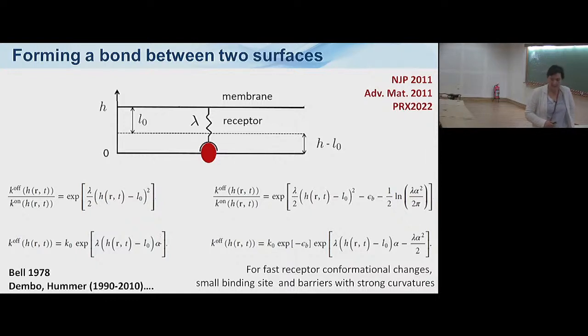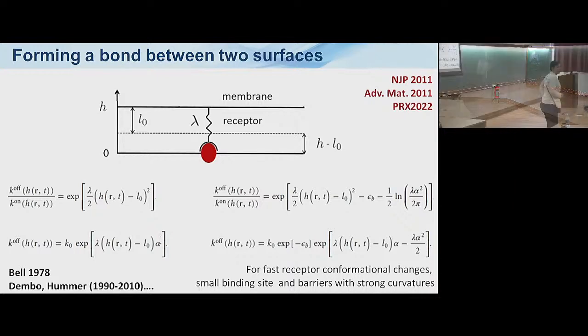I will tell you that these rates have actually never been calculated. They're all phenomenological. And they say the following. I assume a detailed balance condition. This detailed balance condition tells me that my bond is a spring, right? And I will model my off rate by the force that this bond is experiencing.